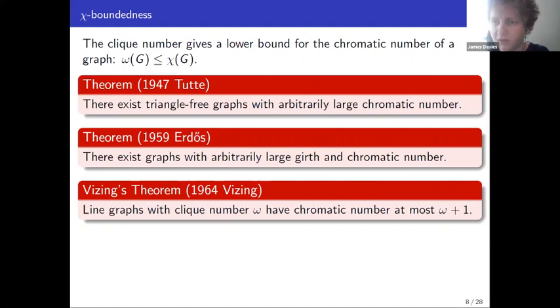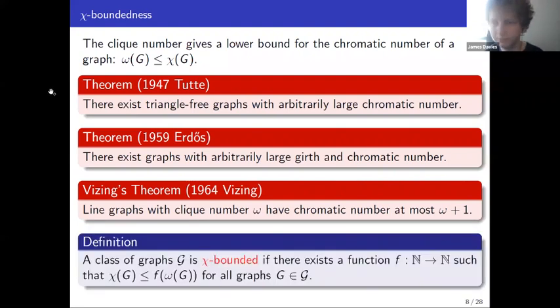Put another way, it says that a line graph with clique number omega can be colored with at most omega plus 1 colors. So to formally define this idea, we'll say that a class is chi-bounded if there exists a function which provides an upper bound for the chromatic number in terms of the clique number.